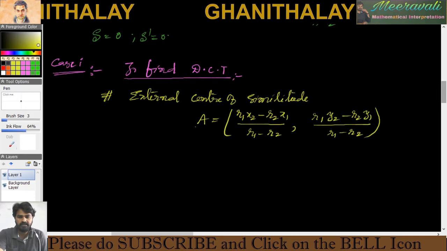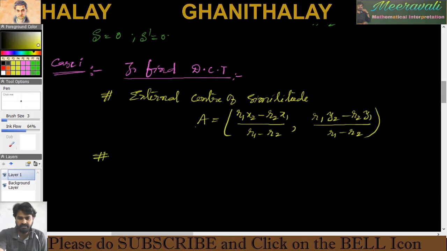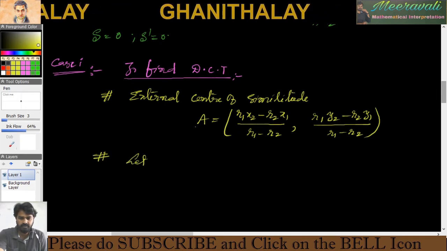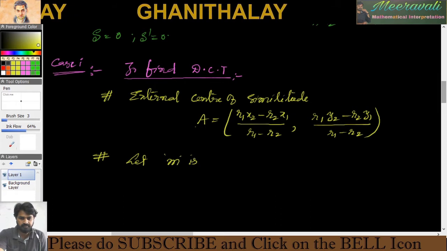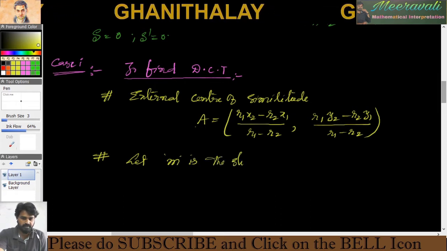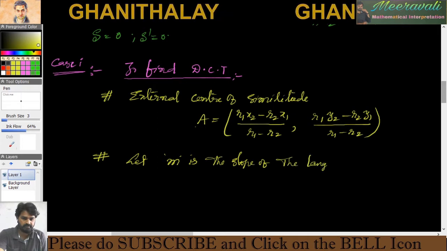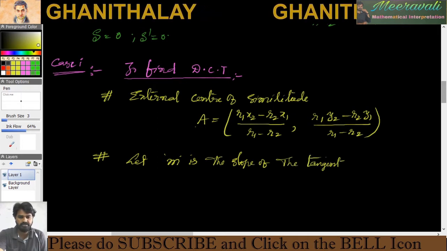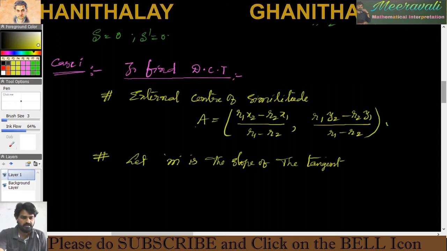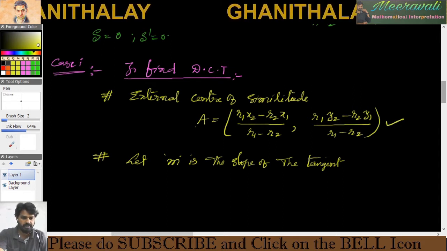Let our direct common tangent equation be, with m as the slope of the tangent, and the point taken as x1 comma y1.